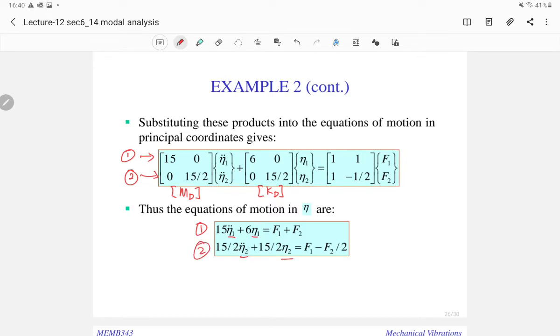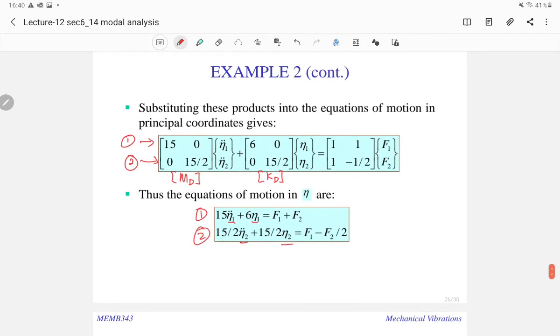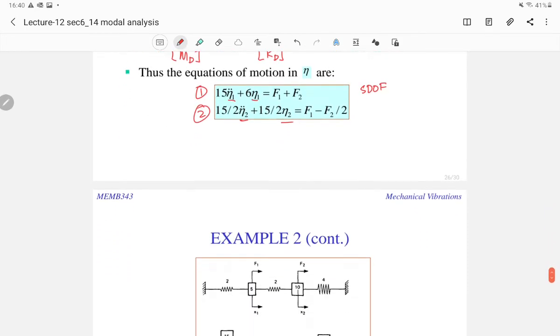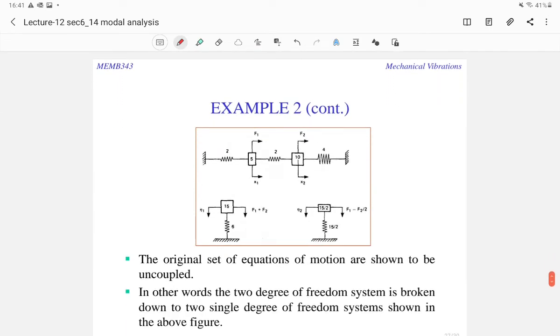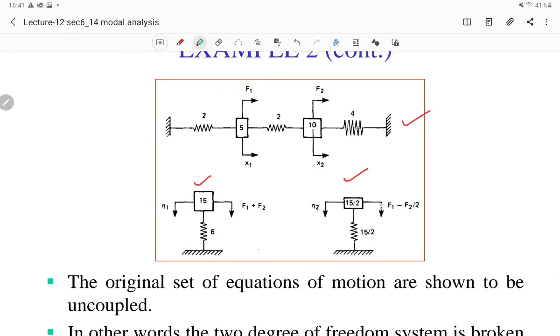So this is very similar to your single degree of freedom system. So you can actually solve this using your single degree of freedom system. This is how it looks like, the original system and the new system with eta 1. Now you have it in terms of eta 1 and eta 2.